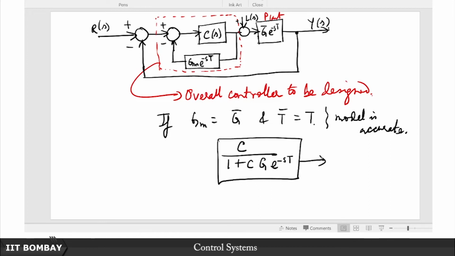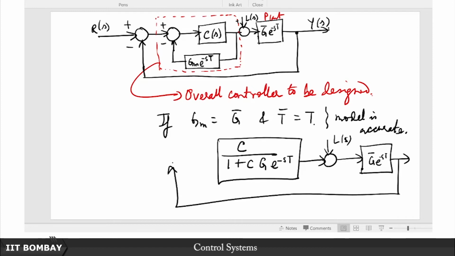right. And now I can connect this as if this is the L(s), alright. This is my G bar e to the minus sT, and then I have this overall R(s), this negative feedback going in here, alright.